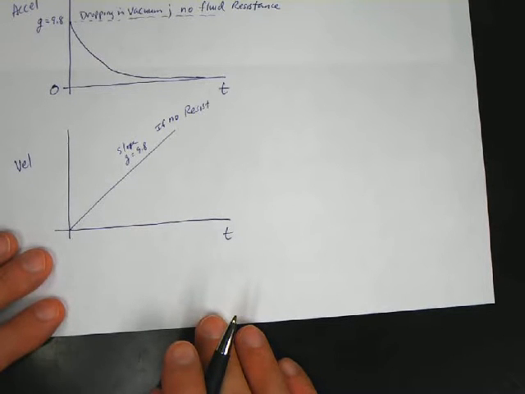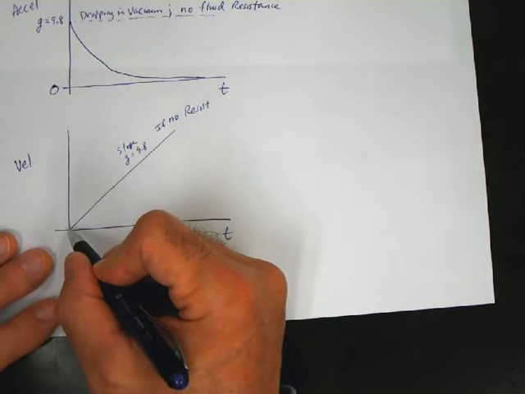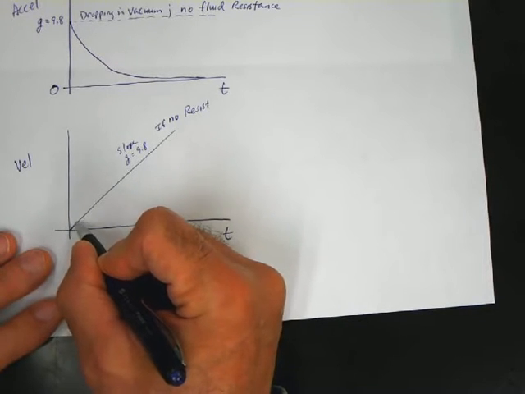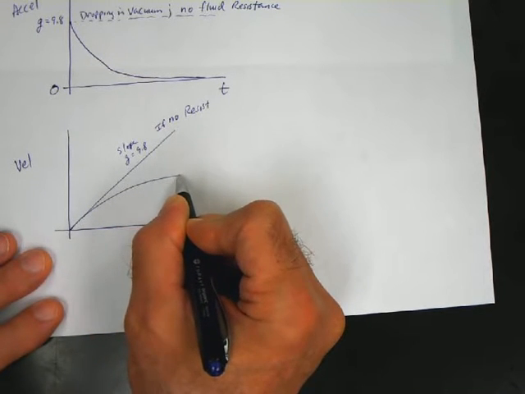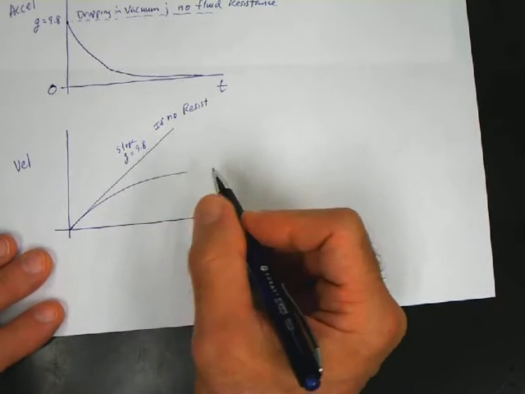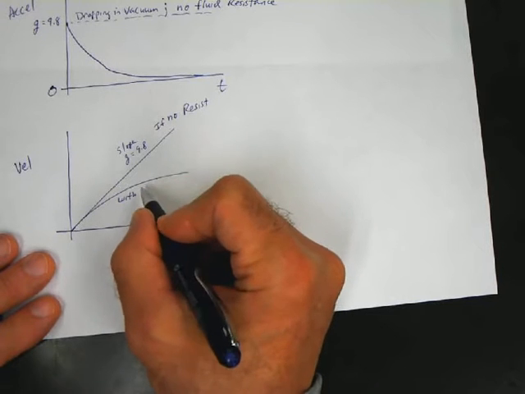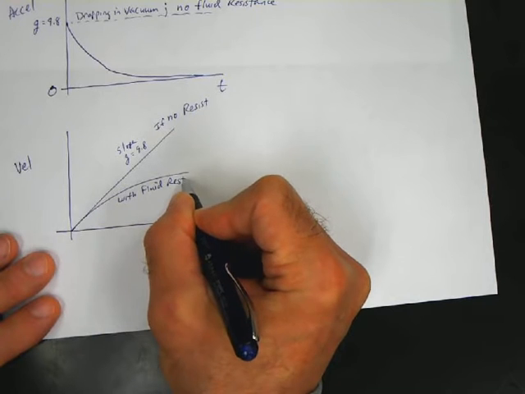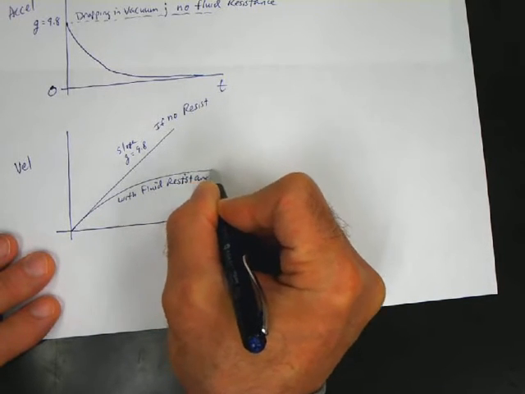What if there is fluid resistance? Well, the object doesn't continue to accelerate at 9.8. It may start out at about 9.8, but then quickly its slope declines until it reaches an asymptote. So with fluid resistance, we end up with that.